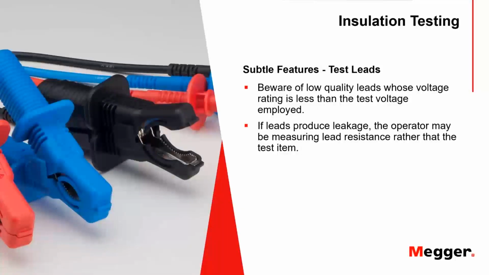Okay, leads. These are very often overlooked because you kind of take them for granted. Make sure that you're using a lead set that's commensurate with what you're trying to do. Especially if you're using a tester that runs very high up into the teraohm range, you need a very good lead set. You can't have crosstalk between the leads.